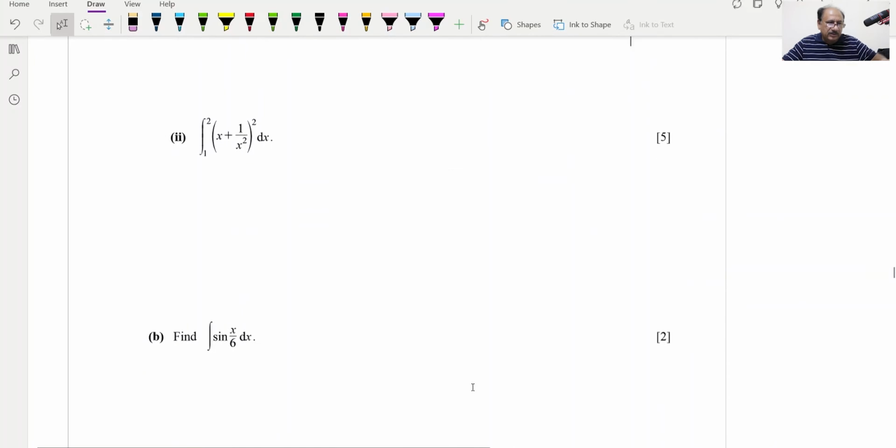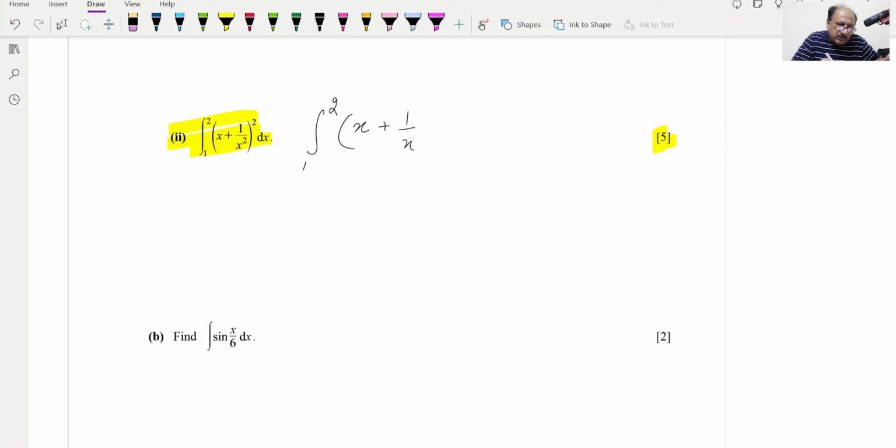Now the second part is the integral from 1 to 2. We have to find this integral, 5 marks for this question. So we can take the integral from 1 to 2, and for the integration of this, we can first open the square, so it will be a squared plus b squared.